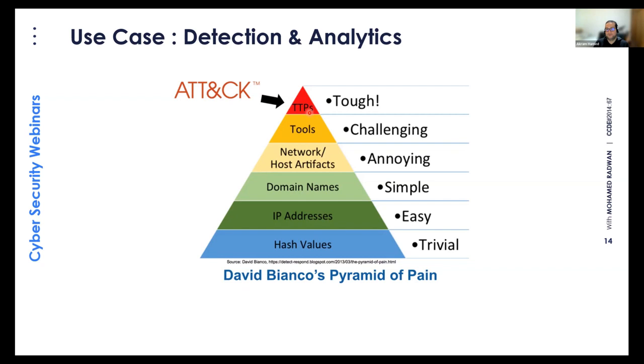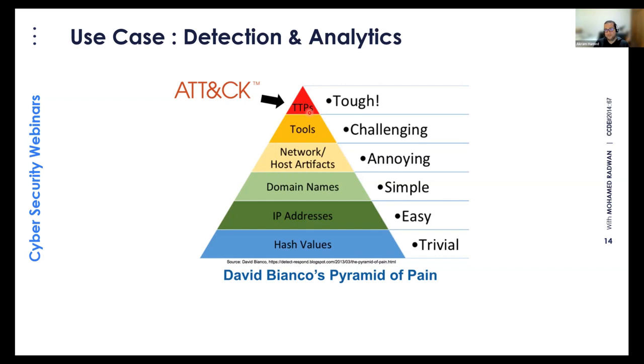You have to have some sort of intelligence or a database of TTPs and then do correlations and so on. This is where MITRE ATT&CK is very helpful: you don't have to do this in an ad hoc way. You have something that can be applied as a methodology, as a process in order to detect.